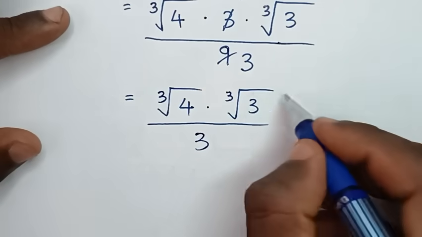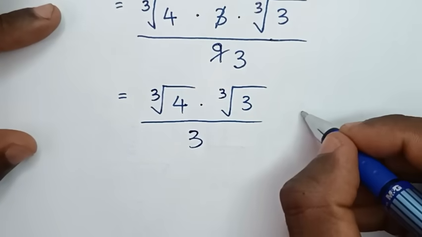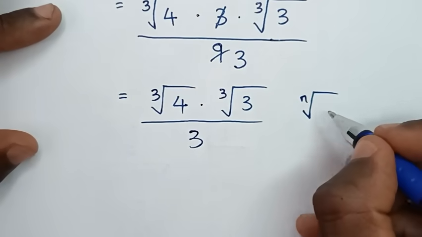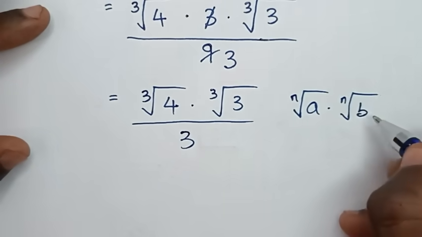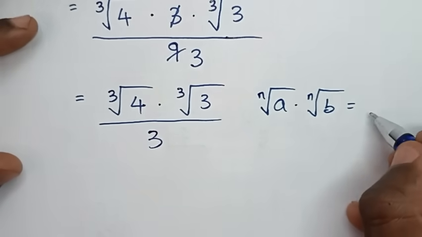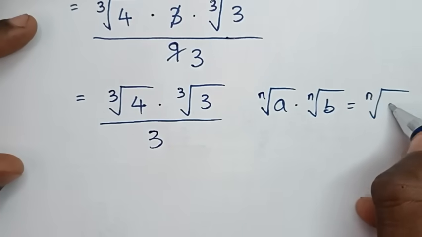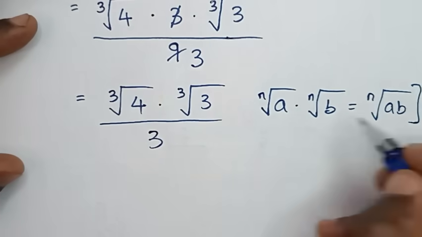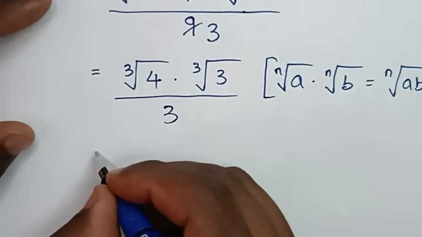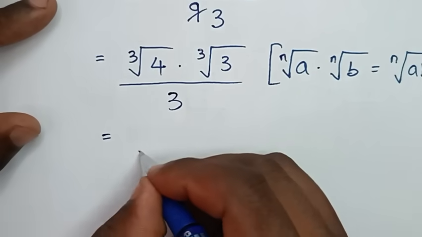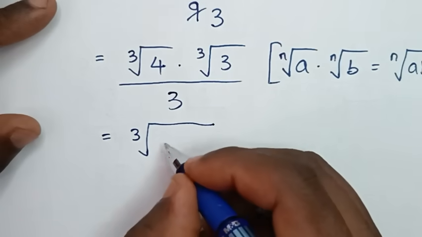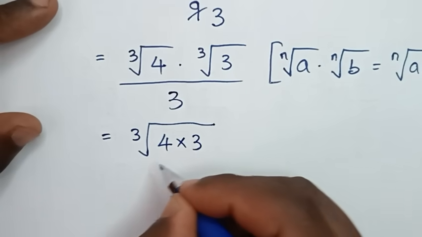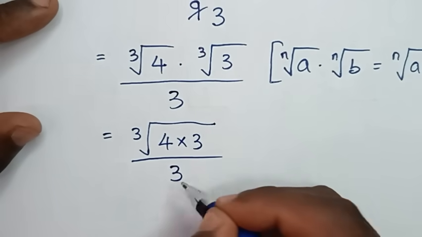Now this part is in the form of the nth root of a times the nth root of b, which is equal to the nth root of a times b. So it will be equal to the third root of 4 times 3, then over this 3.